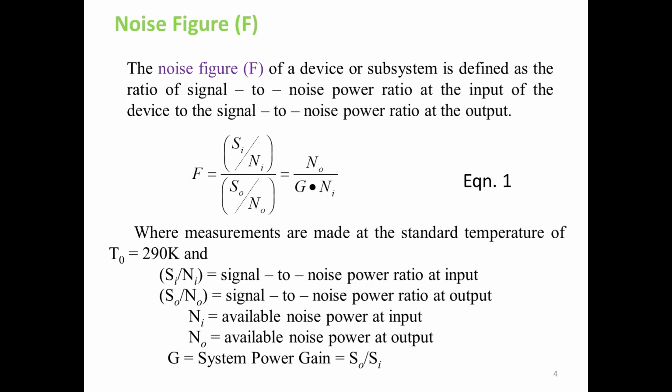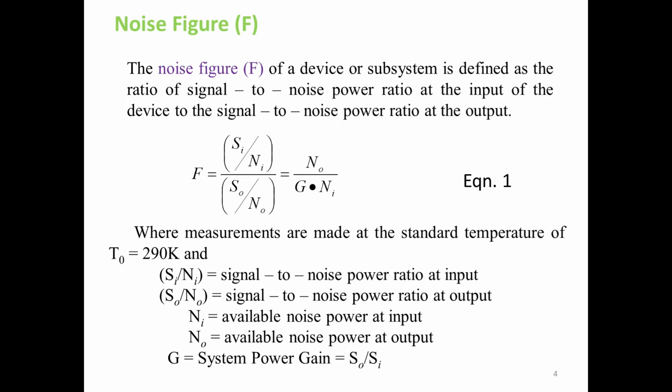The noise figure of a device or subsystem is defined as the ratio of the signal to noise power ratio at the input of the device to the signal to noise power ratio at the output, as seen in equation 1, where measurements are made at the standard temperature of T0 equals 290 Kelvin.